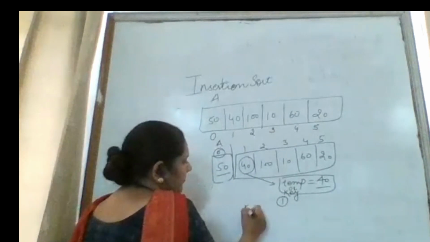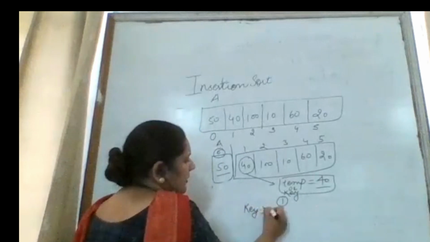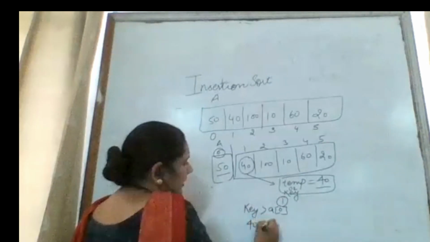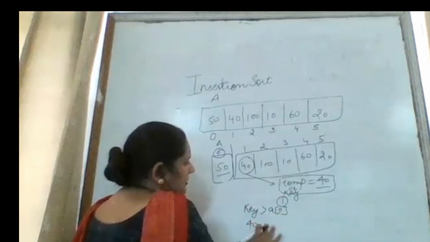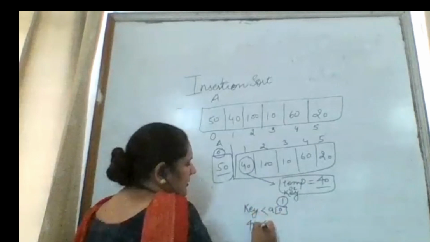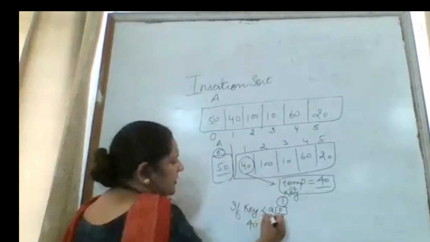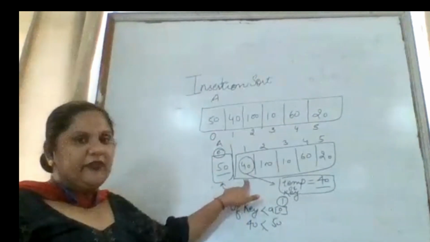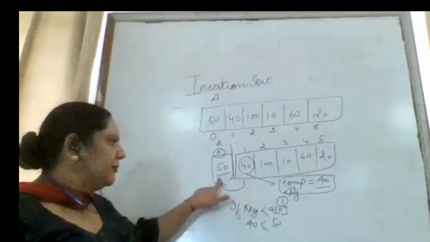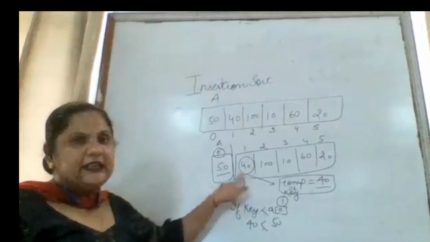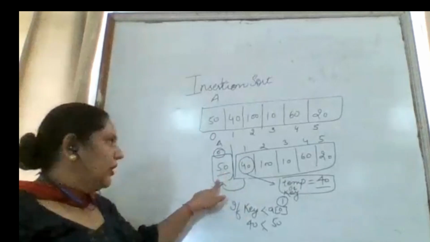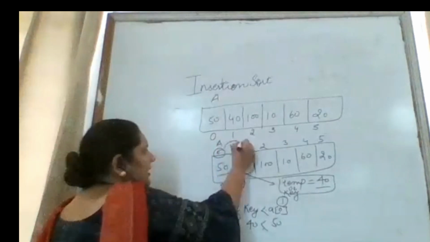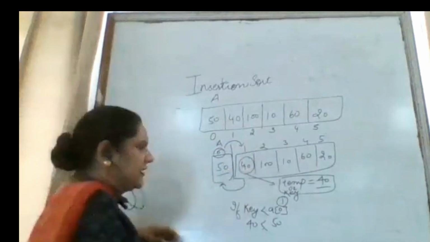Compare key with A of 0. Key is my 40. If key is smaller than A of 0, the element before it, meaning we compare the first element with the 0th element, then you are going to shift that element here.